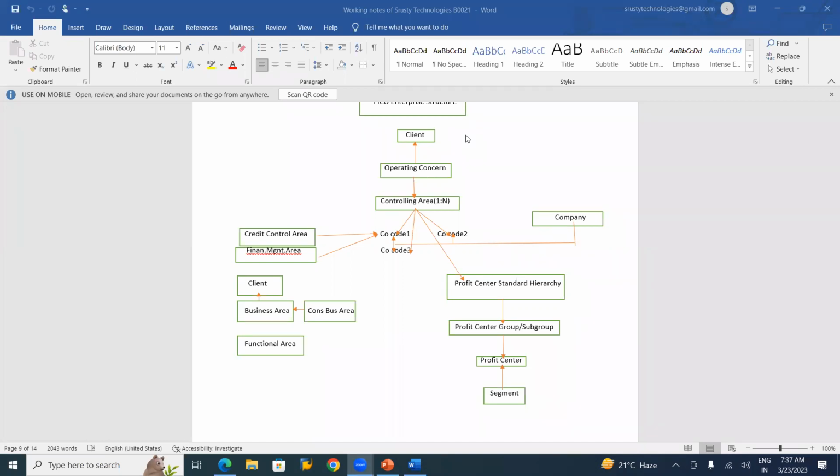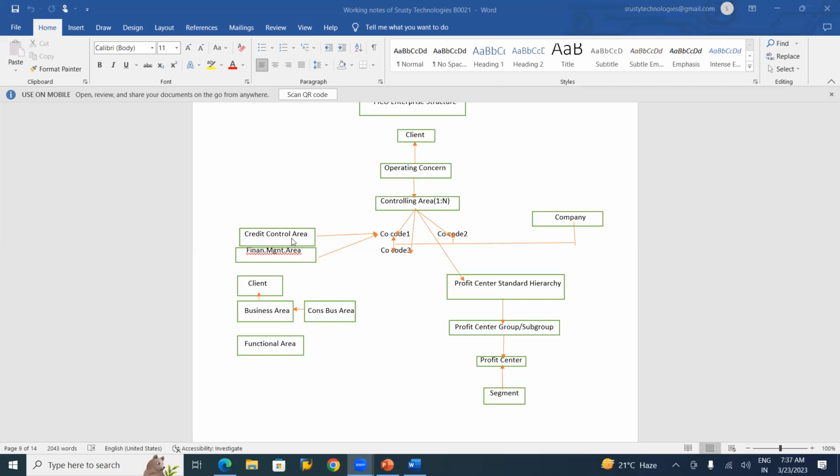Okay. See here, what exactly is a credit control area? What is our role in the credit control area? As we are saying the credit management module is going to be used by the SD consultant. As FI functional consultants, we are going to define only the credit control area part.